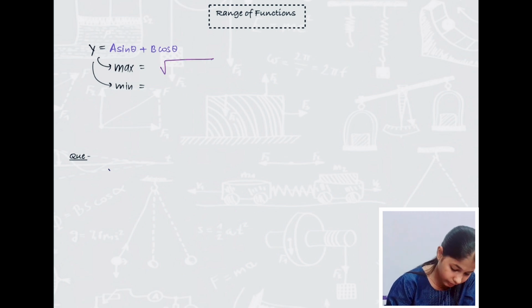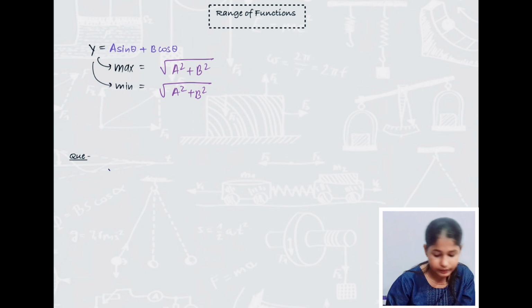The same formula is the square root of a square plus b square.